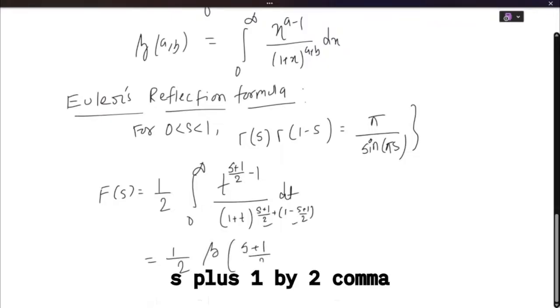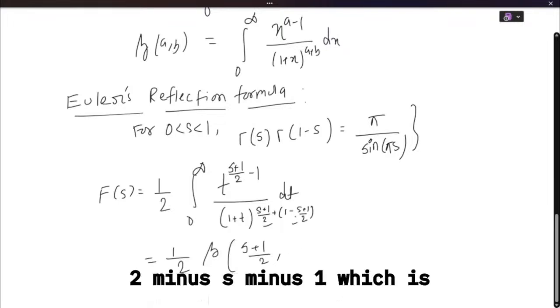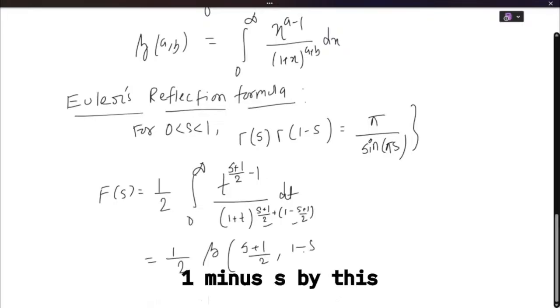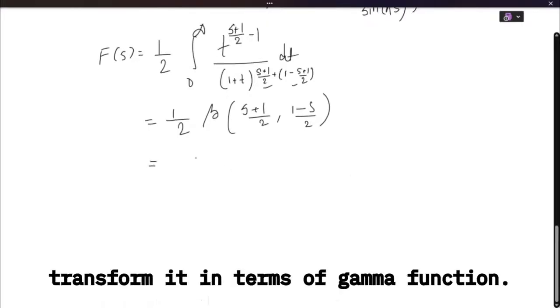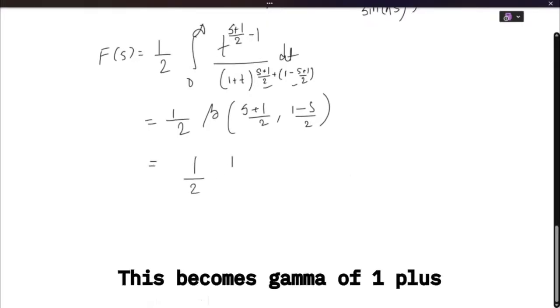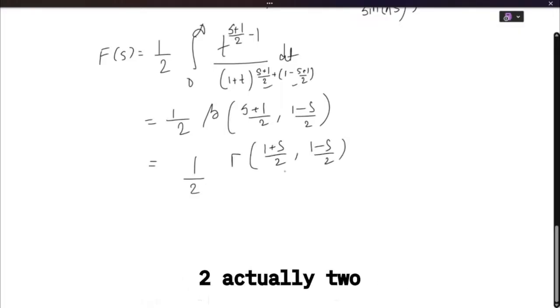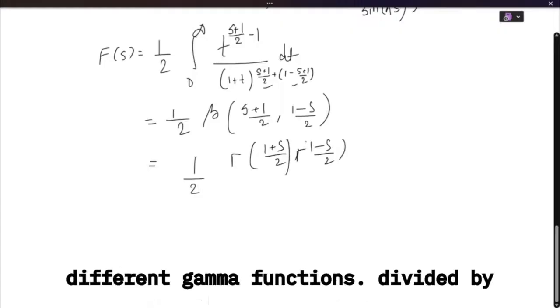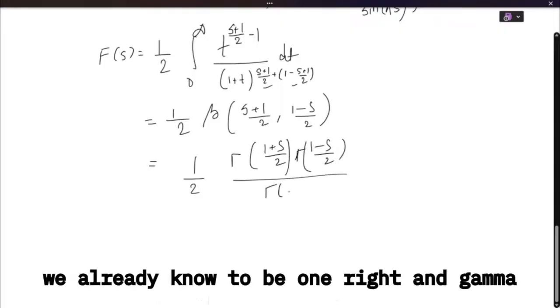So, basically, this is beta of (s plus 1) by 2, comma, (1 minus s) by 2, which is 1 minus s by 2. This is the beta value of f of s. We can transform it in terms of gamma functions. This becomes gamma of (1 plus s) by 2 into gamma of (1 minus s) by 2, two different gamma functions, divided by gamma of the sum of those, which we already know to be 1.